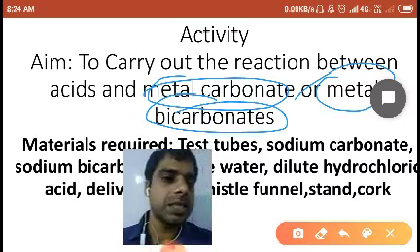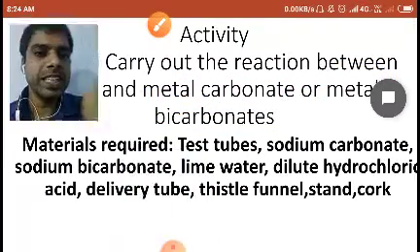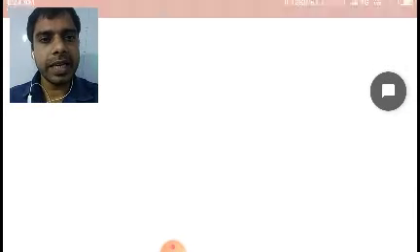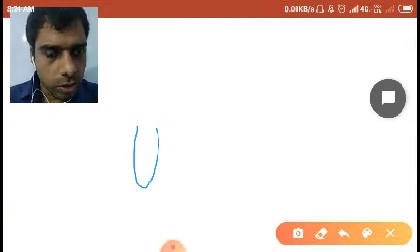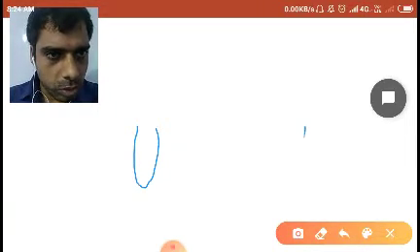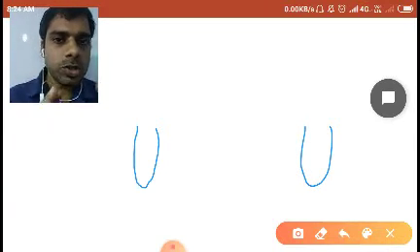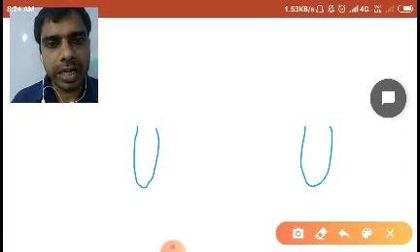So it suggests that we need two test tubes. I am taking two test tubes, and in them I will take sodium carbonate and sodium hydrogen carbonate, that is, sodium bicarbonate.